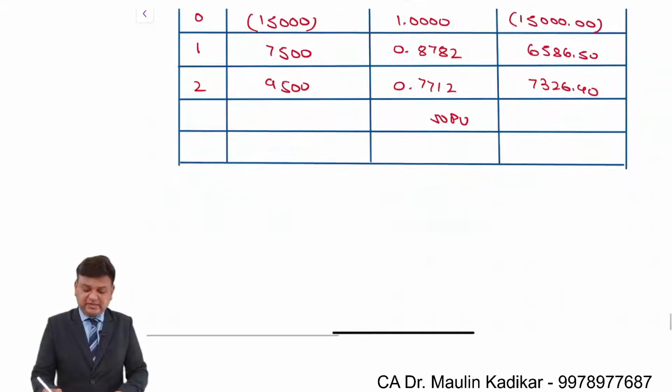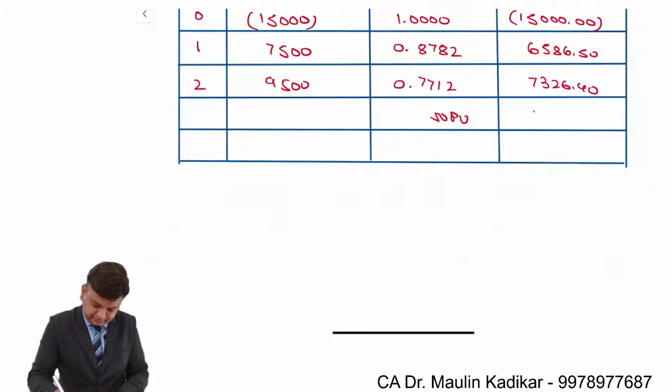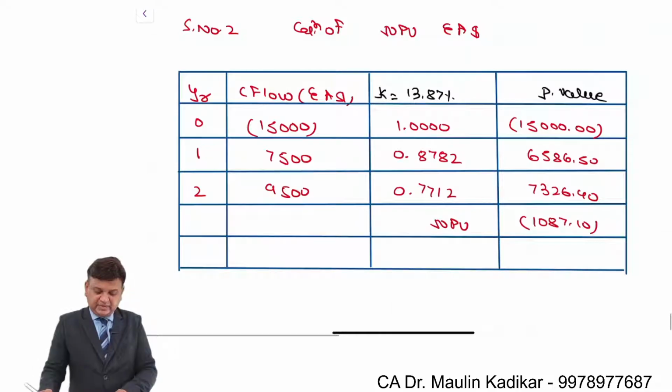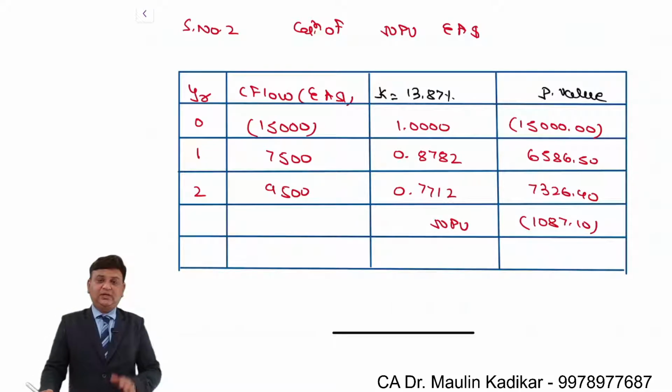NPV is 1087.1. That is the way the NPV is calculated in foreign currency term.